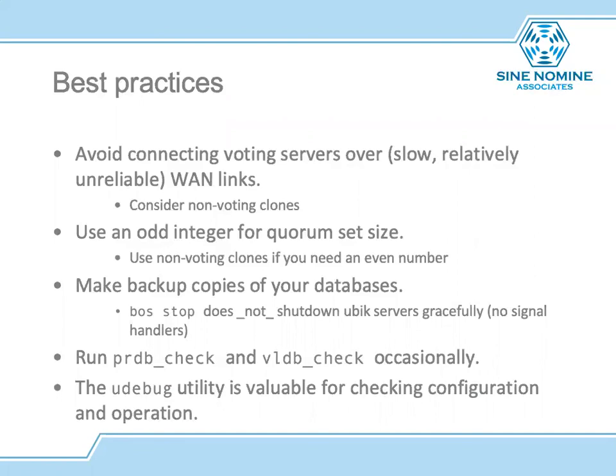Best practices for maintaining a database server: you want to avoid connecting these voting servers over slow or unreliable WAN links. If you do need access to the content of a database at a remote site that does not have a good link, then consider making that copy a non-voting one. Always use an odd integer for your quorum set size.